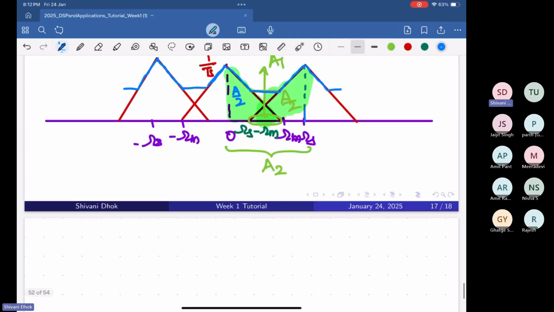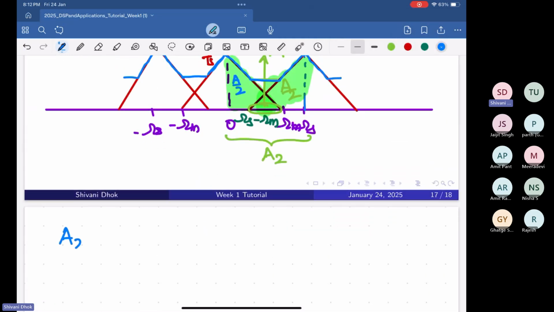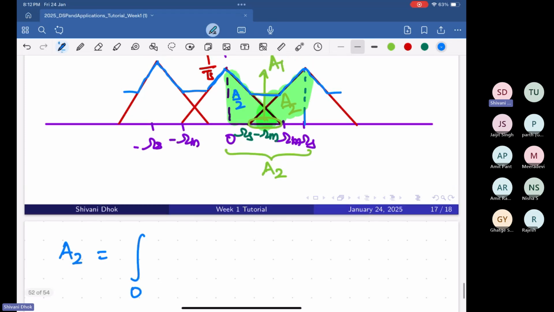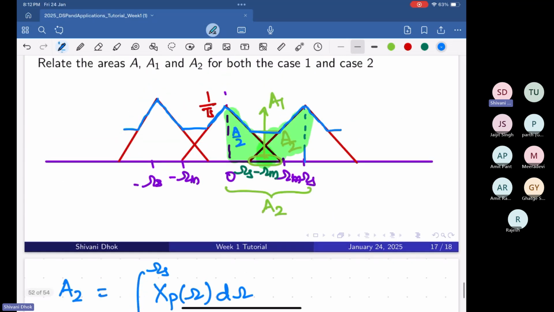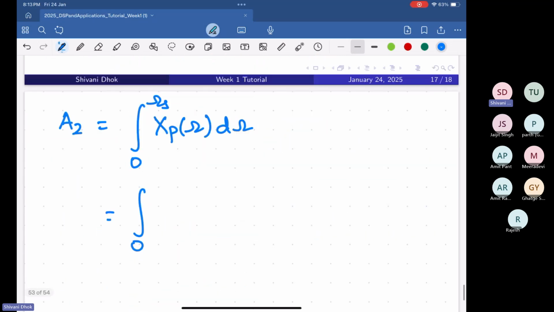Okay, so this A2, we can write it as integral from 0 to omega s of X_p of omega d omega. Okay, so now this thing, we can write it as 0 to, let's say, omega s minus omega m.